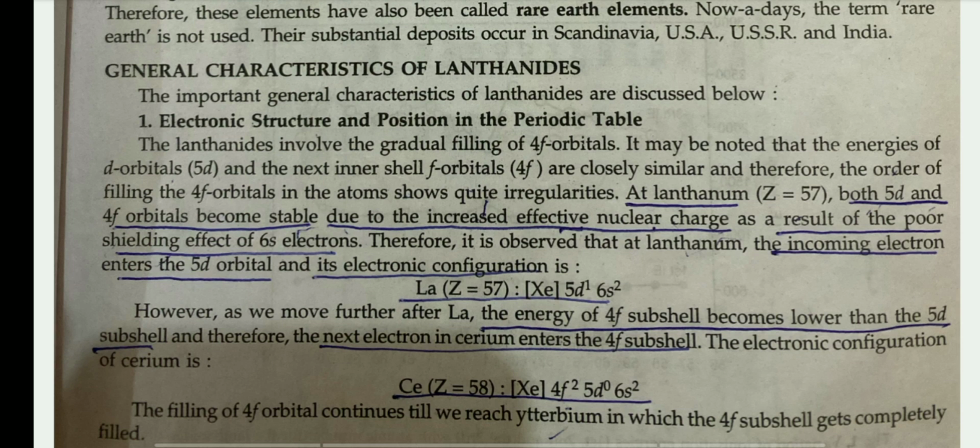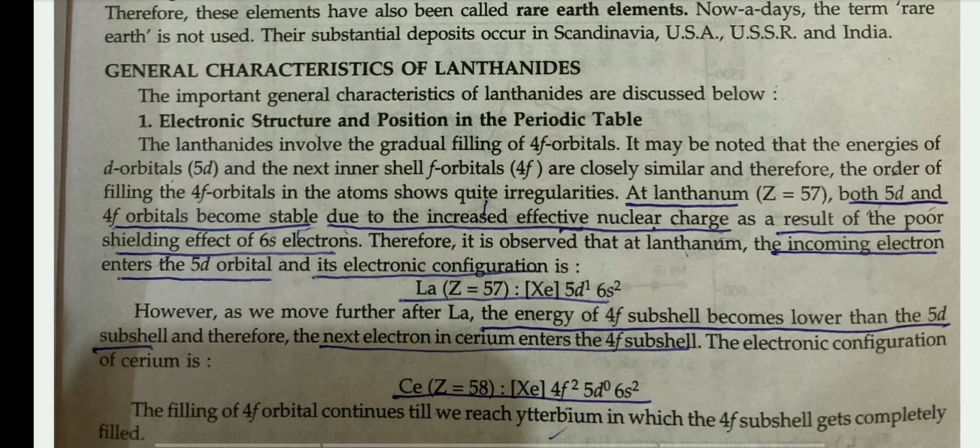At lanthanum, both 5d and 4f orbitals become stable due to increased effective nuclear charge as a result of the poor shielding effect of 6s electrons. Therefore, it is observed that at lanthanum, the incoming electron enters the 5d orbital and its electronic configuration is xenon 5d1 6s2.